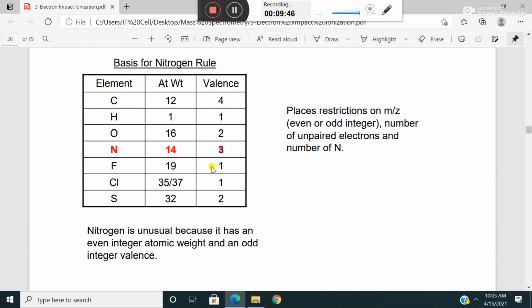This could be the basis for identifying nitrogen in a molecule. If we are dealing with a compound and want to find out whether it contains nitrogen or not, the only thing we can do is use this basis, because nitrogen has even atomic mass and odd valency. So let me explain in the other video.